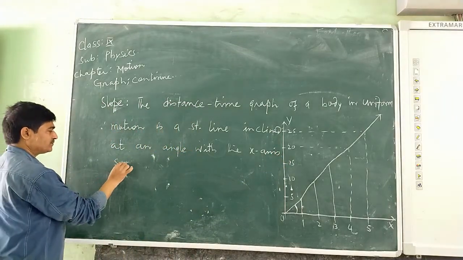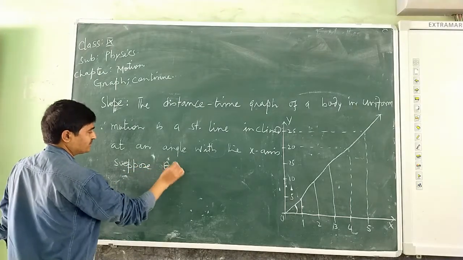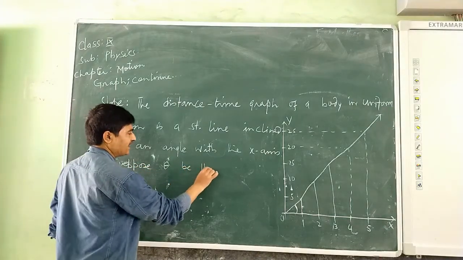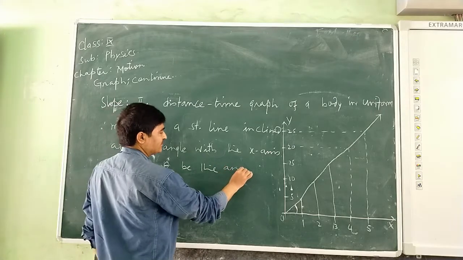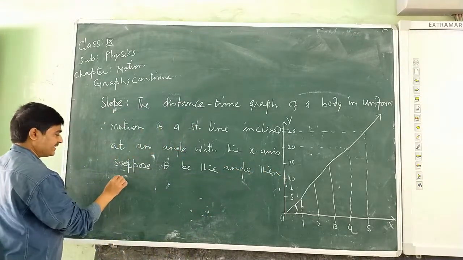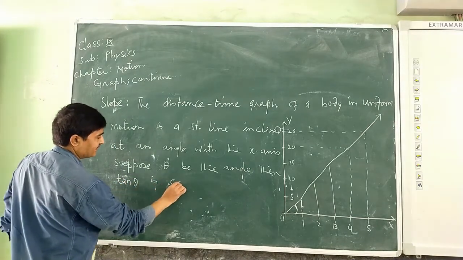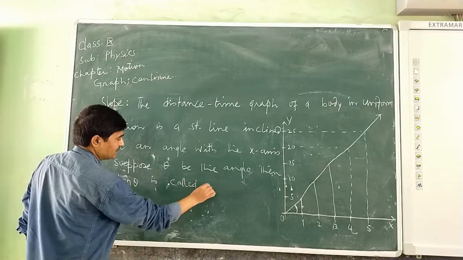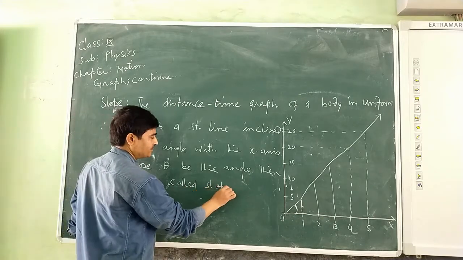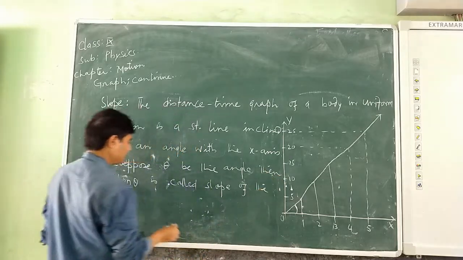Suppose theta be the angle, then tan theta is called the slope of the graph.